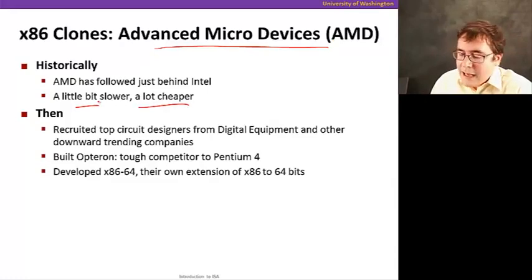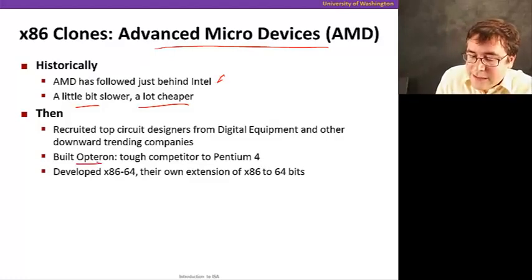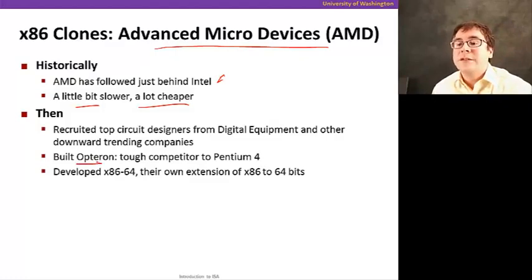Typically AMD just followed behind Intel, but then AMD got really aggressive in taking advantage of new circuit design techniques, and they designed very, very fast processors. One great example is the AMD Opteron, which was a really tough competitor to the Pentium 4.